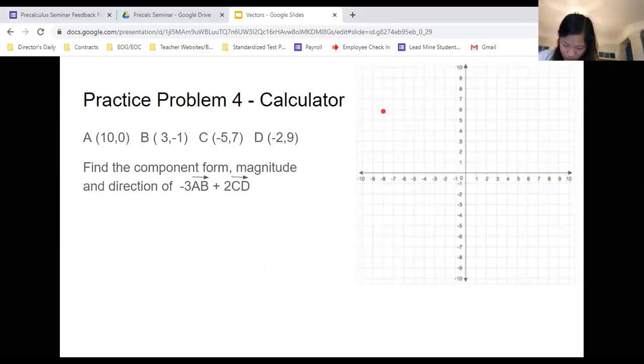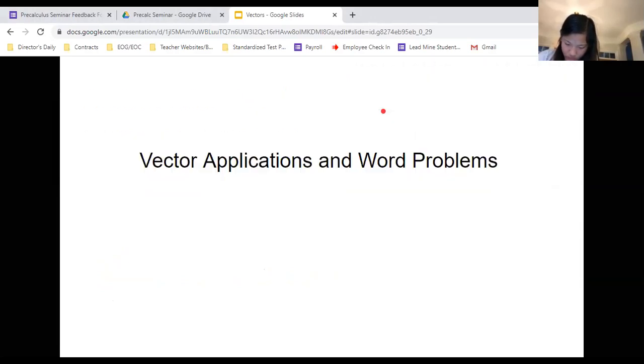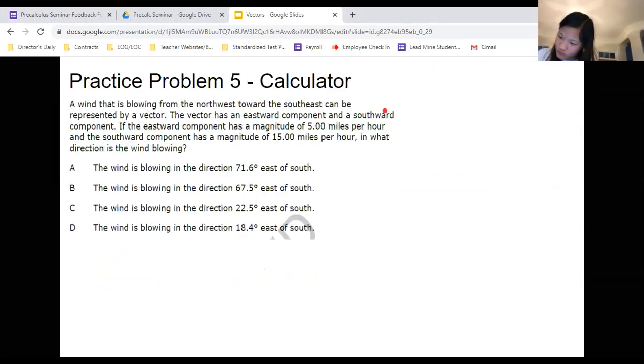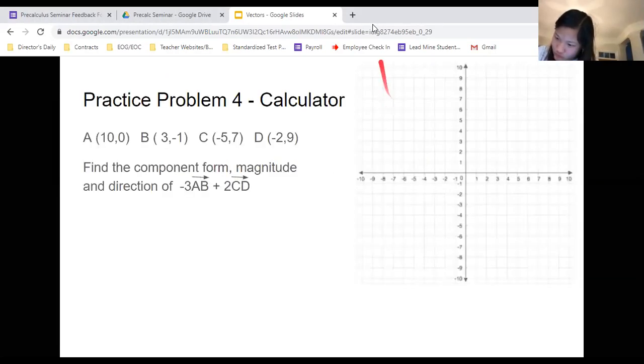All right, so practice problem 4. This is the last problem before we get into some applications. So again, I will give everybody about 3 minutes to do this problem, and we will check in after that. While you are working on it on your own, I'm going to start plotting some of these points here.